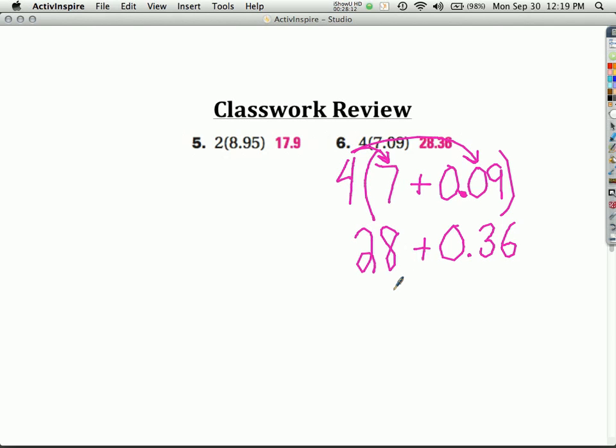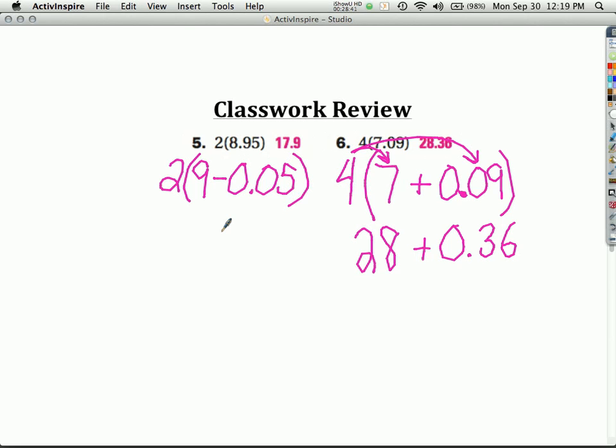Okay, so we only subtract when we bumped this number up. If we took this number and bumped it up to 9, we took money that wasn't really there, or a number that wasn't really there. So for number 5, I might have done 9 minus 0.05 and done it that way.